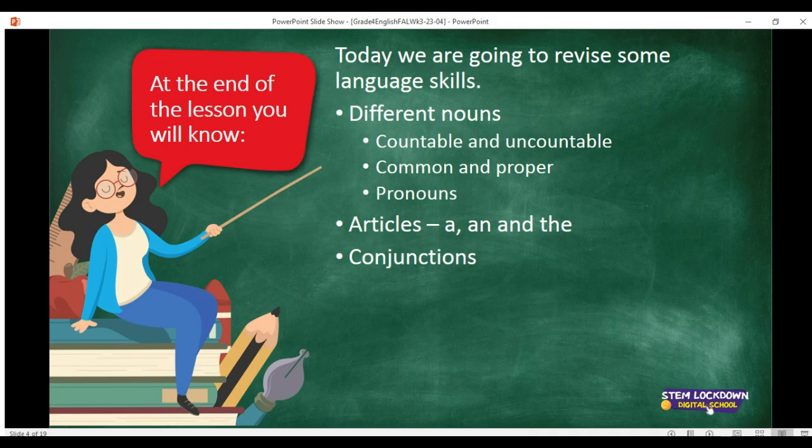Then we're going to look at articles, so using a, an, and the. And then we're going to look at conjunctions. So those are the 3 topics we're going to look at today. And we will be working through examples. So it's not just the definitions. I also want to show you how to work through each section.